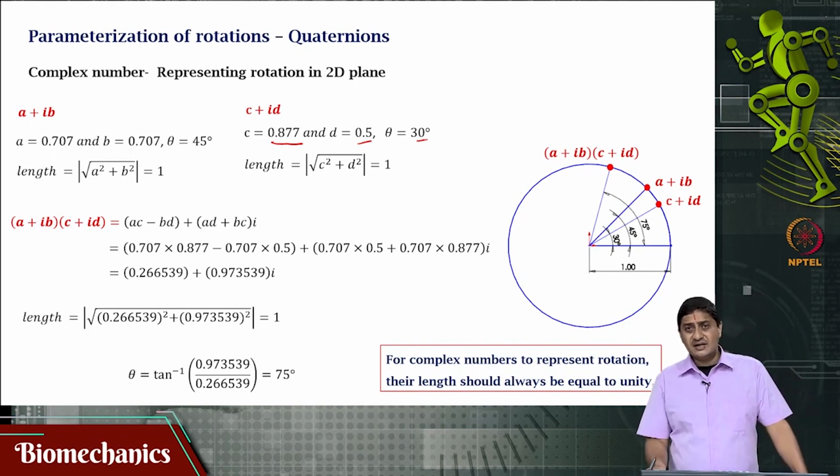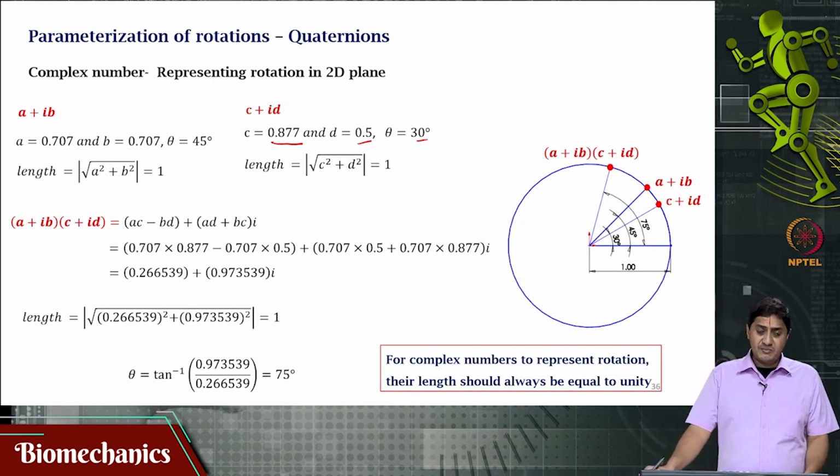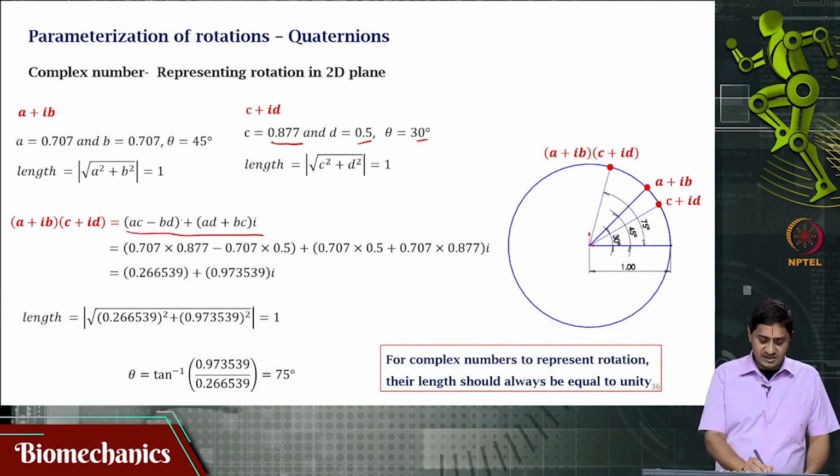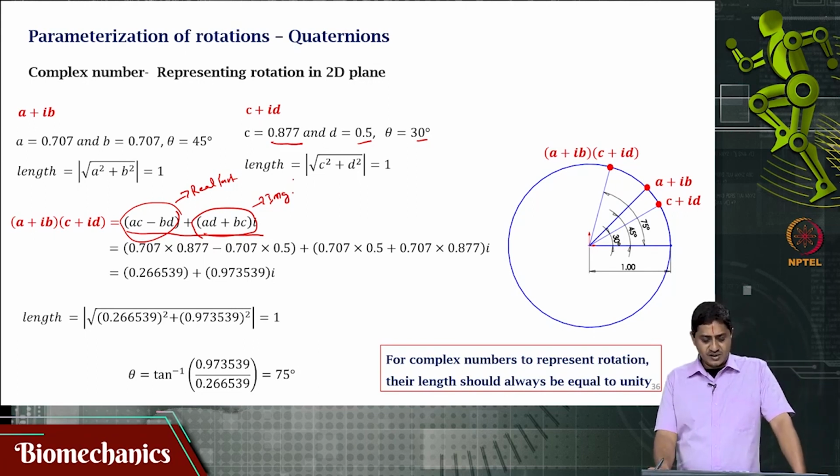Now, let us say that I am multiplying these two complex numbers, a plus ib times c plus id, which will give me another complex number with real part ac minus bd and an imaginary part ad plus bc. I perform this multiplication and I find the real part is approximately 0.266 and the imaginary part is approximately 0.974.